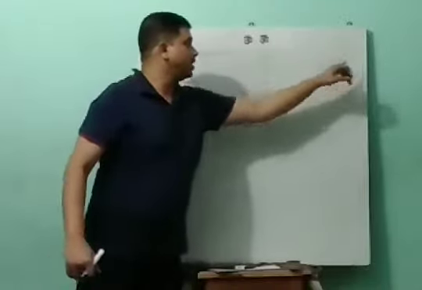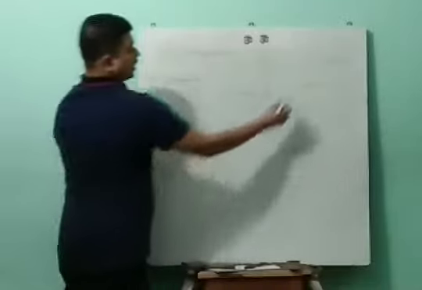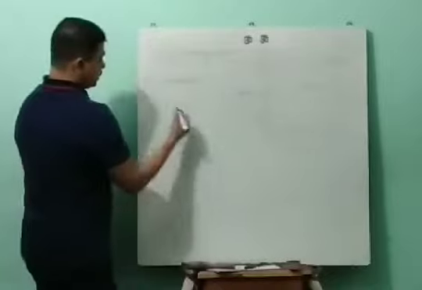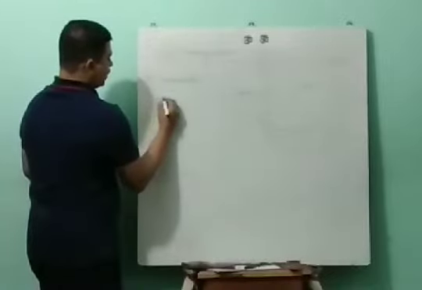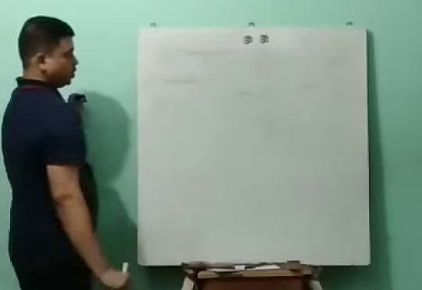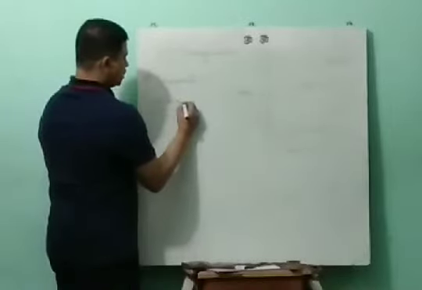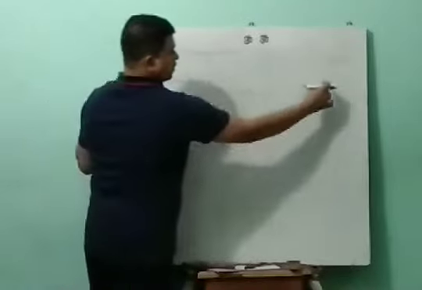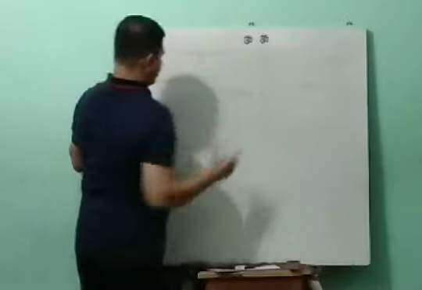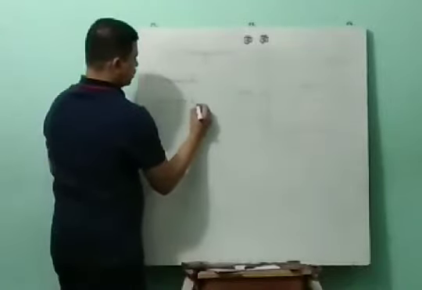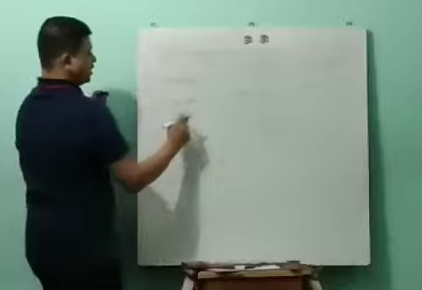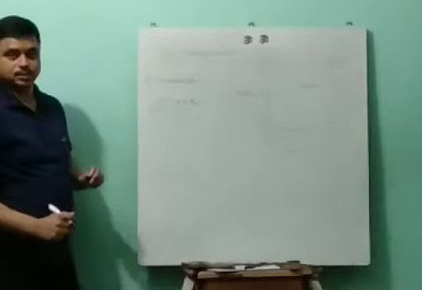And how these points are calculated from the origin, we can write it as x dash is equal to, the initial point is x, plus we need to add the Tx distance, that is the translation distance along x-axis.